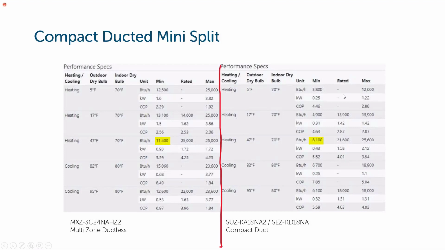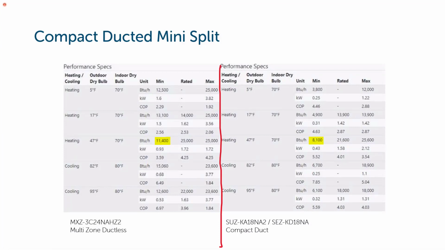It's probably going to need half of that. At 47 degrees outside, that single condenser multi-zone heat pump unit is still going to be putting out close to 12,000 BTUs. That compact ducted unit is going to be putting out 3/4 of that, 8,100 BTUs.